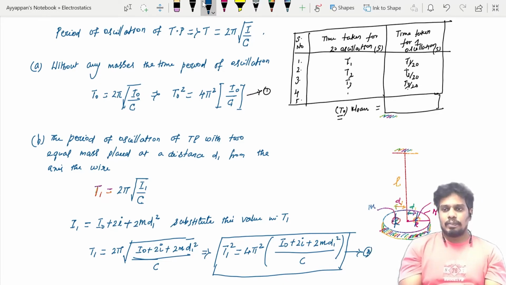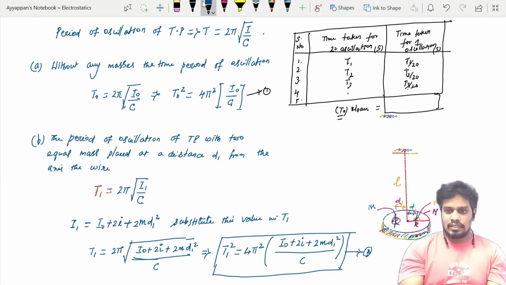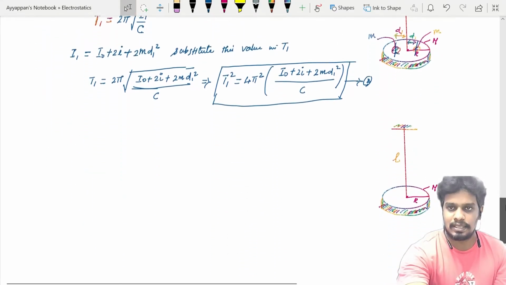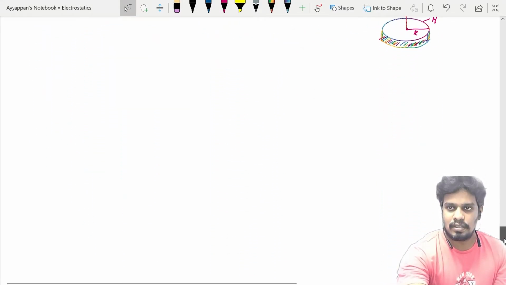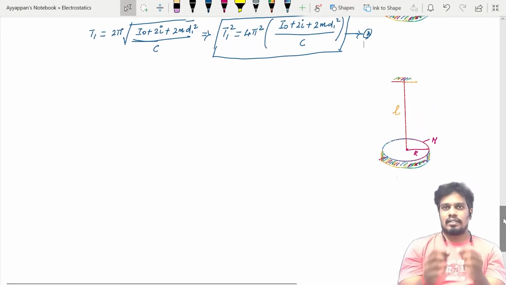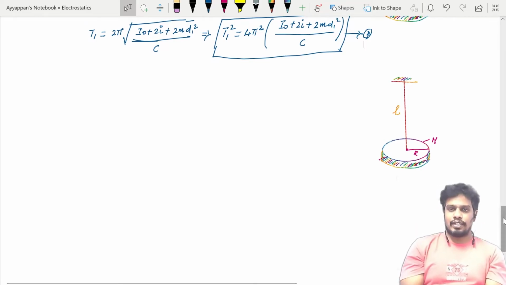Now again we are going to repeat this same experiment. We are just going to place the two equal masses at a distance d2.